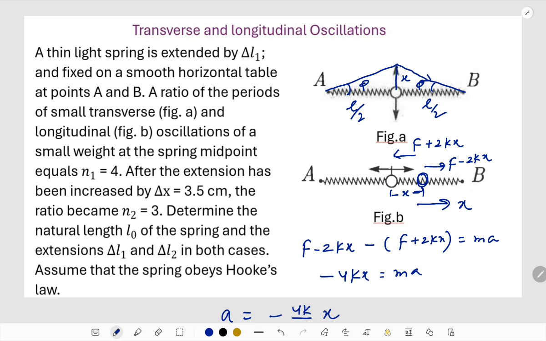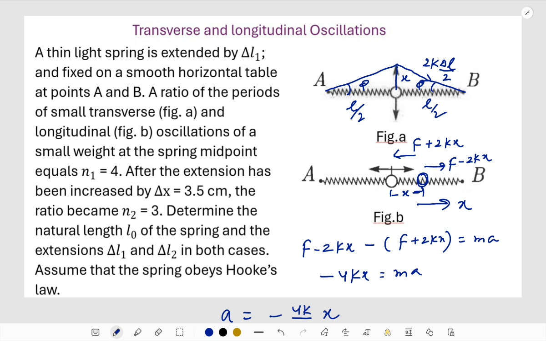I don't know how much increase in the length, let's call it delta L. So I'm going to write this force as 2k delta L simply, and the same force applied here. 2k delta L by 2 is the right thing, because the total length is L, so this is only half of the length.